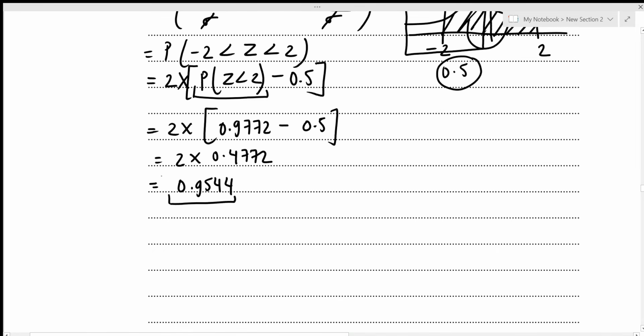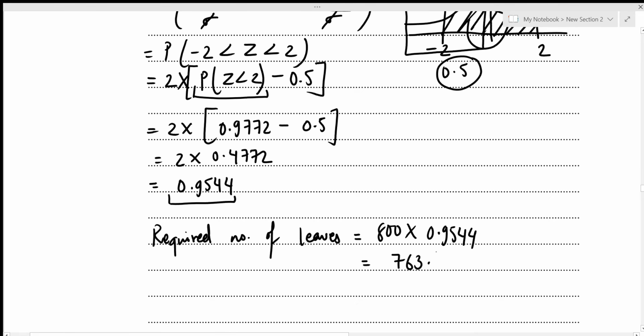So the number of leaves required is just going to be the product of the total sample, which is 800, and the probability that it lies between mu minus 2 sigma and mu plus 2 sigma, which is 0.9544. So this gives us a total of 763.52 leaves, which can be rounded off as 764, or it can be written as 763 as well. Both are going to be correct.